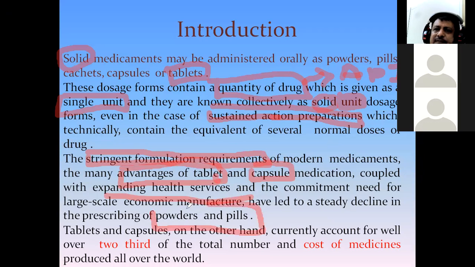So you can see most of the dosage forms coming from the solid dosage forms will be in the form of tablets and capsules. Tablets and capsules account for over two-thirds of the total number, and the cost of medicine produced all over the world.